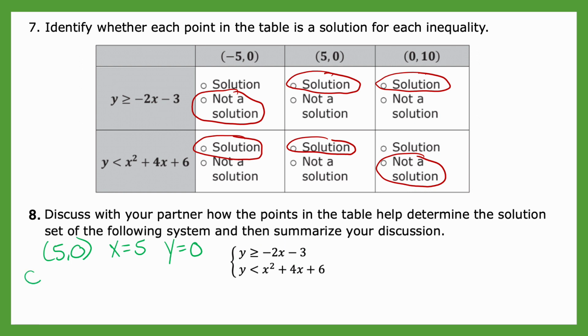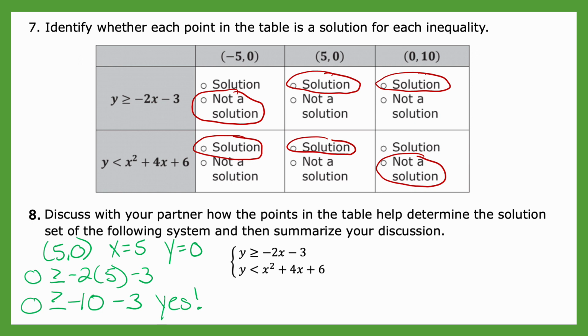So that would be 0 is greater than or equal to negative 2 times 5 minus 3. So that would simplify to be 0 is greater than or equal to negative 10 minus 3. Is that a true inequality? Yes. Okay, so that's my way of saying yes, that's a solution to the linear inequality.